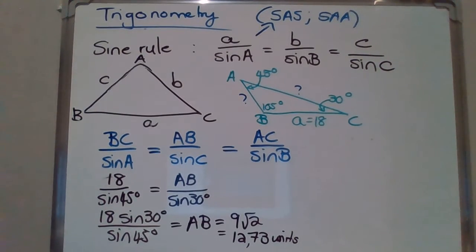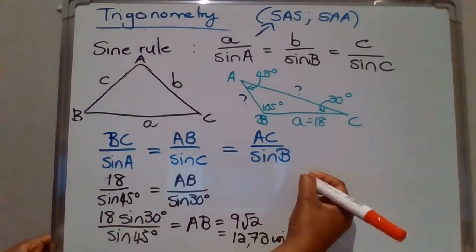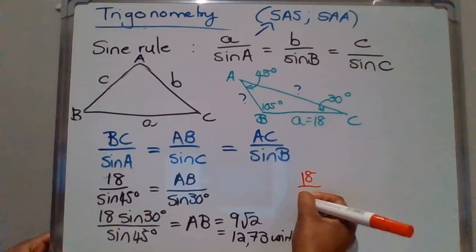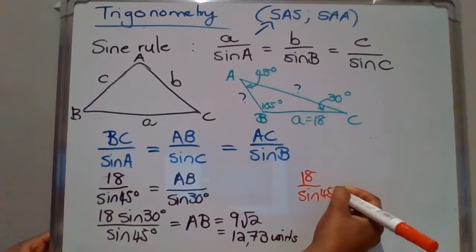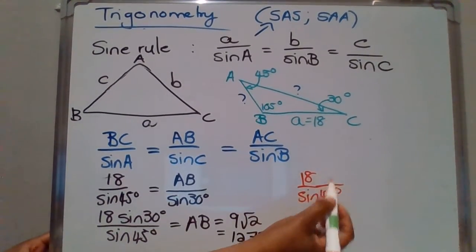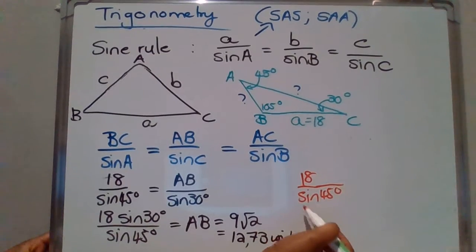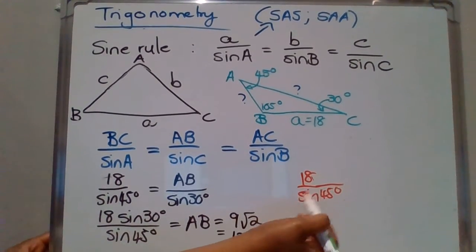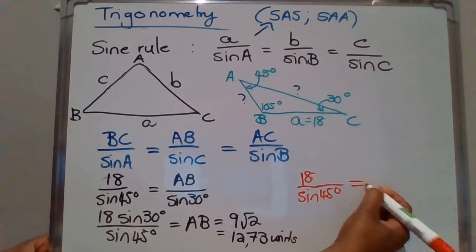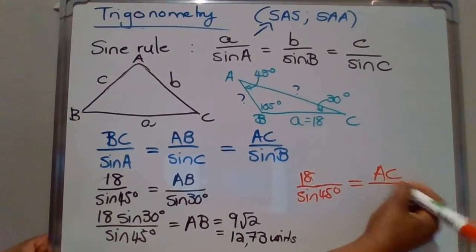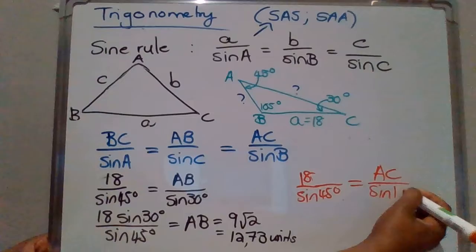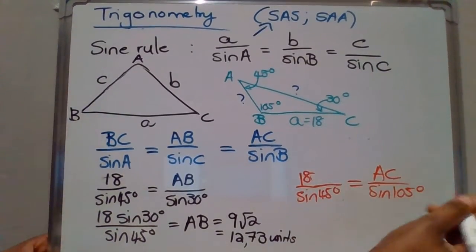Then the other one as well is 18 over sine 45 degrees. You must always have a side and the angle that's opposite that side, you must have both values. So it's equal to AC over sine 105 degrees.